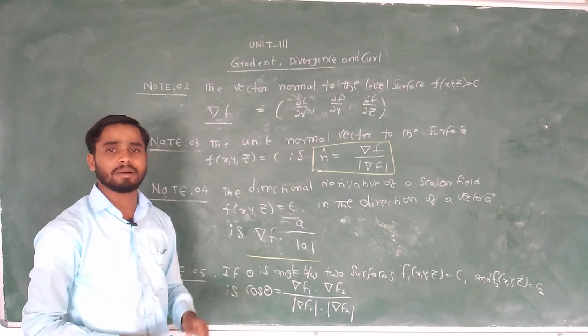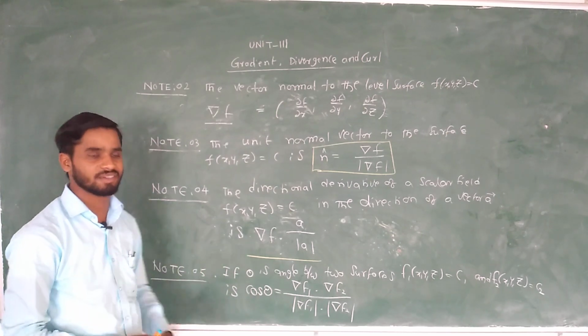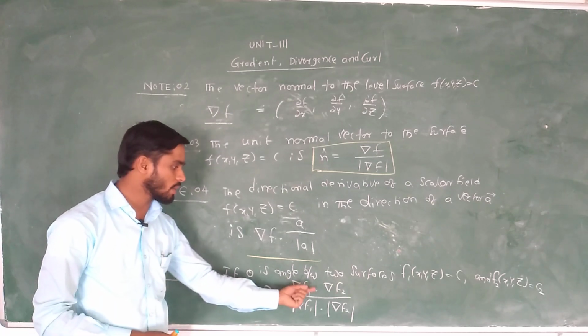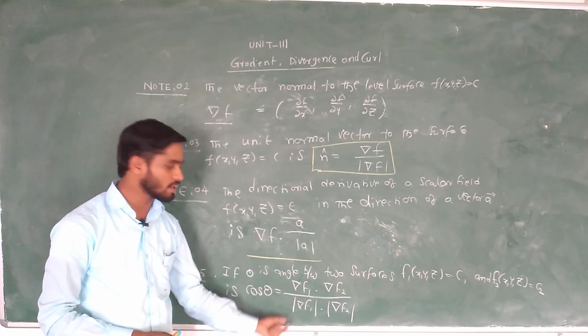Now, if you want to compute the angle between two surfaces, the formula is this one: cos theta is equal to del f1 dot del f2 by magnitude of del f1 and del f2.